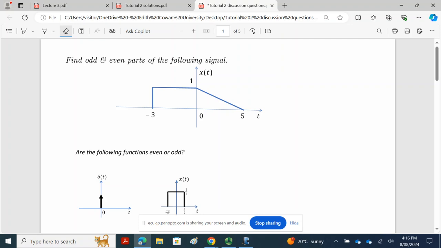Now, what you may get in the exam is something similar, but with a difference. Okay, so all you need to do is the same. Doesn't matter which shape you get, just follow these steps, right? And you should get to the correct answer.